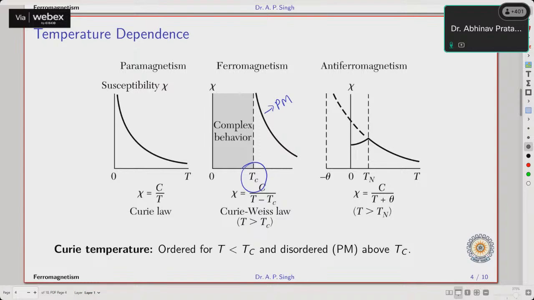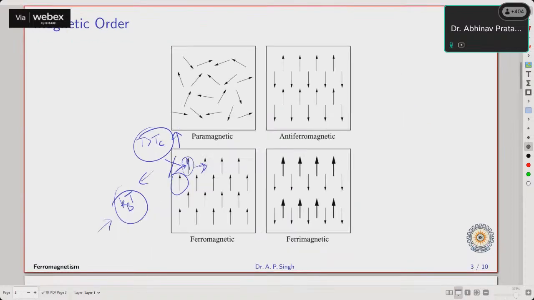This is true for antiferromagnetic material also, but we are not discussing antiferromagnetic material today. The same thing happens there, but the variation is not exactly 1 over T, it is actually 1 over T plus some value theta. The main idea is that beyond this TN, antiferromagnetic materials also behave like paramagnetic materials.